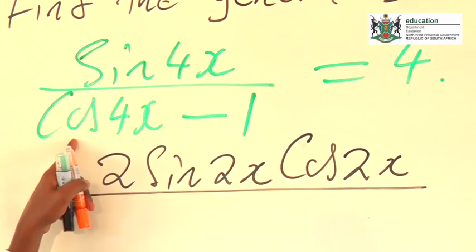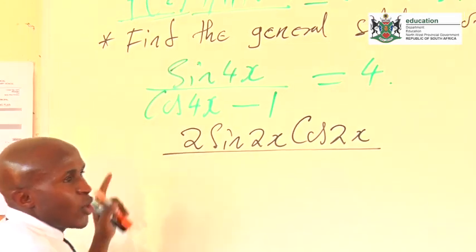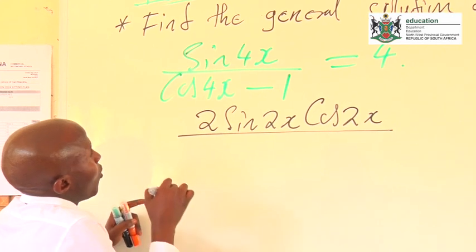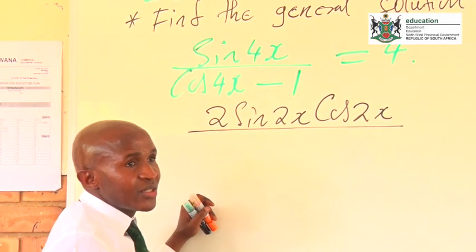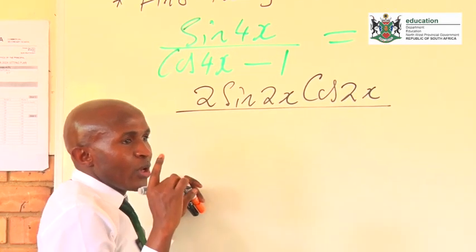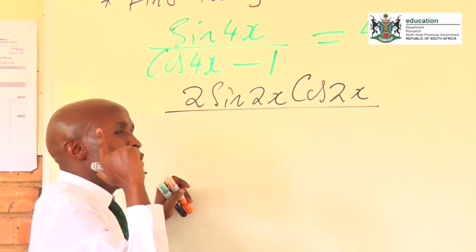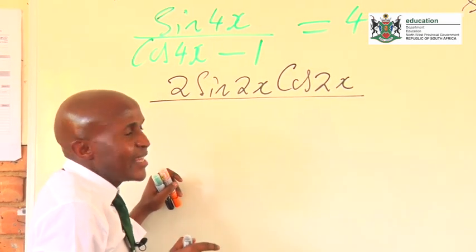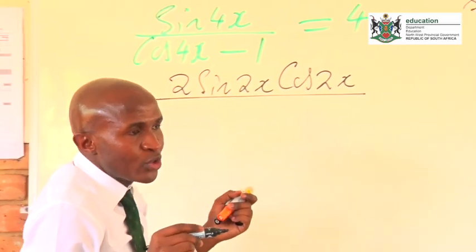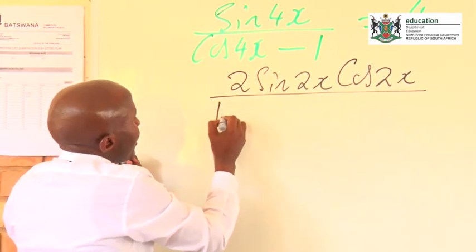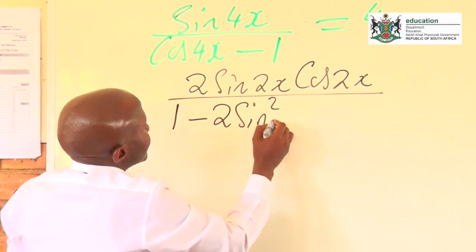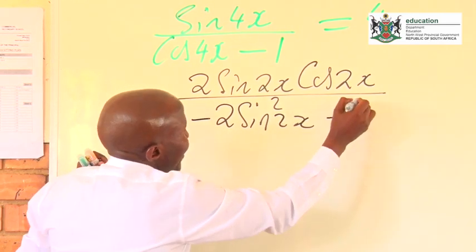We also have a double angle for cos. We have 3 options. There's only one option that consists only of sine. Which one am I going to take? 1 minus 2 sine squared 2x, minus 1.